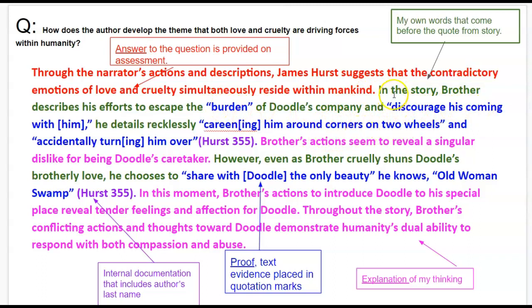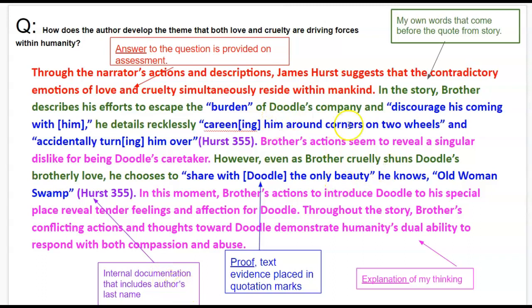So the green is the writer's words, like the student's words, and the blue part is the actual text. So the pink part is the explanation or the commentary about that thinking. Okay, so proof is in blue. Then we don't forget the internal documentation, the author's last name and page number where you have it.